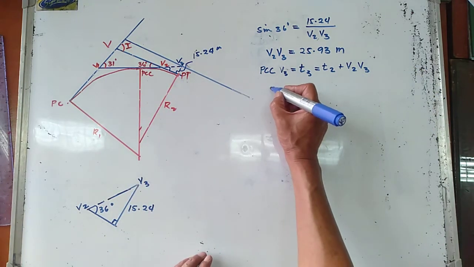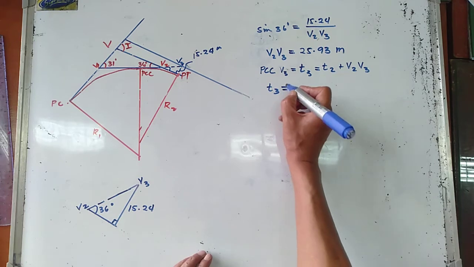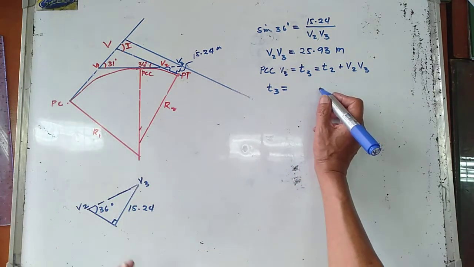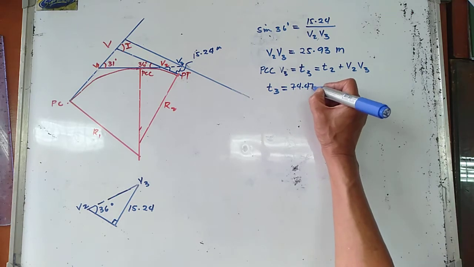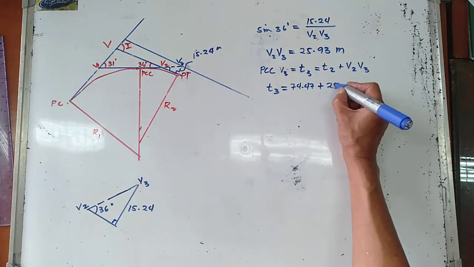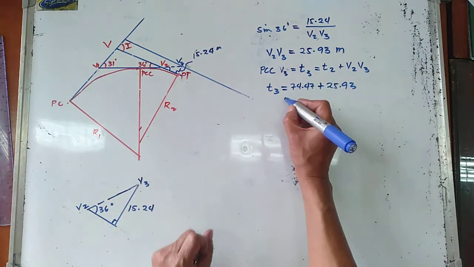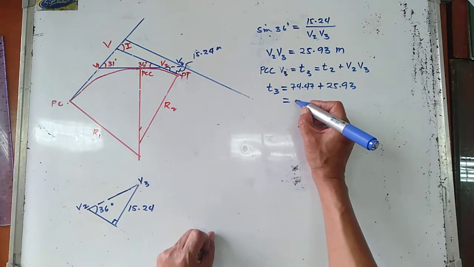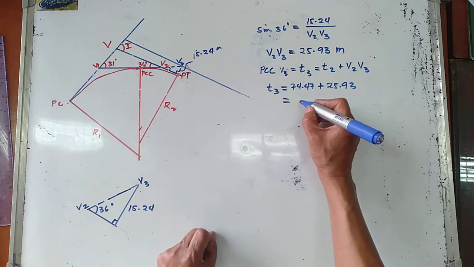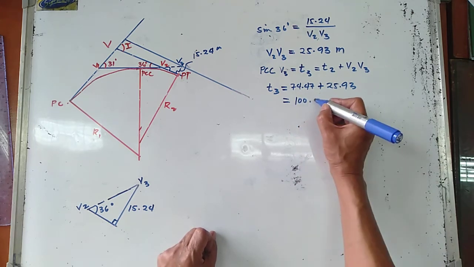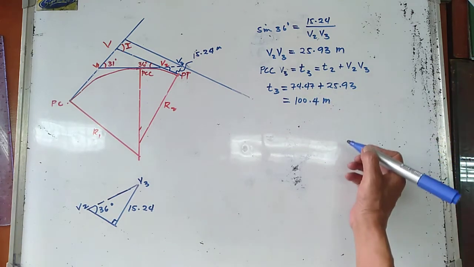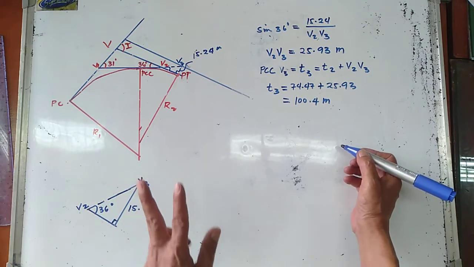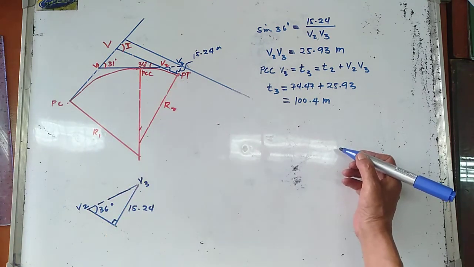And this is equal to your T2 before, which was computed as 74.47 plus 25.93. So your T3 in here is now equal to 100.4 meters. So that is now your T sub 3.